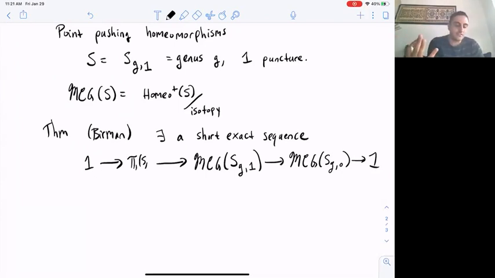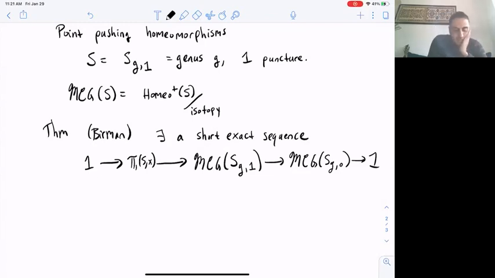So actually for this story, it probably would have been more clear if I was thinking of my punctures as just marked points. Then there's this one point on this surface that is special, it's marked, and on this surface, no points are special. And the marked point maybe is called x, and the fundamental group in this short exact sequence is based at that point. Okay.